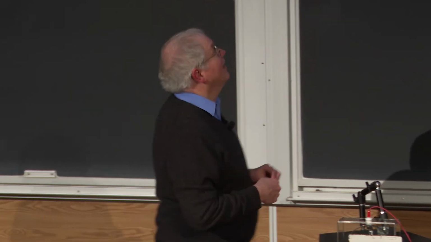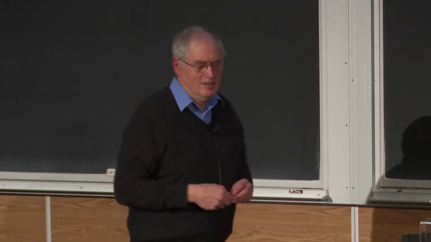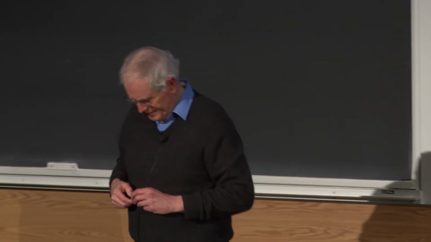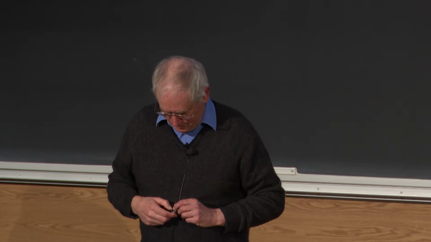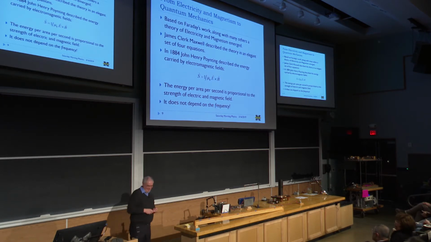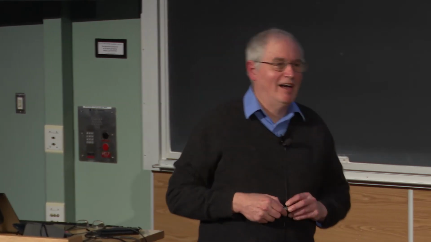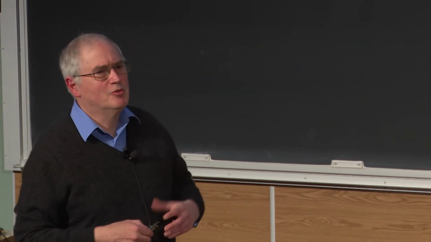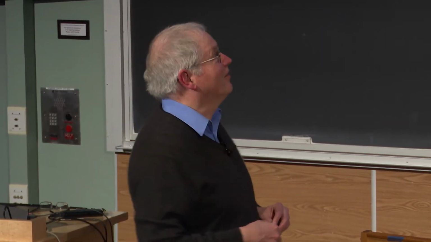By 1884, John Henry Poynting, who was at... I just slipped my mind where he was from. It wasn't Oxford or Cambridge. Okay. Came up with a theory about how energy is transported by electric and magnetic fields.